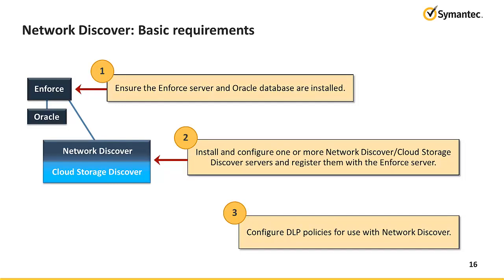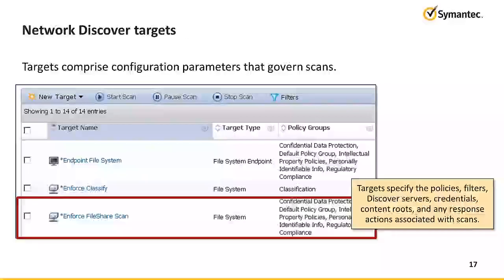After you have deployed the required Symantec DLP architecture and authored policies to detect confidential files, you are ready to configure targets and run scans in on-premise repositories in your organization's environment, as detailed in the next section. To scan a repository, start by configuring a Network Discover target, which sets parameters for scanning in the Enforce Administration console.